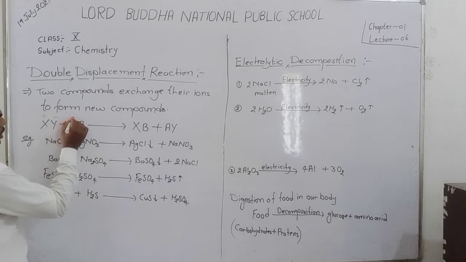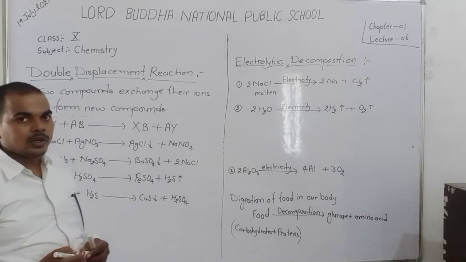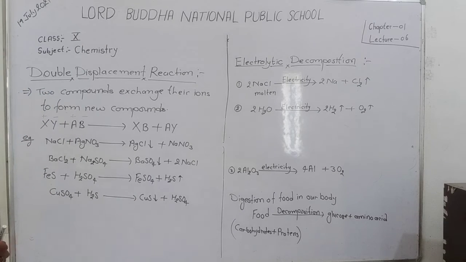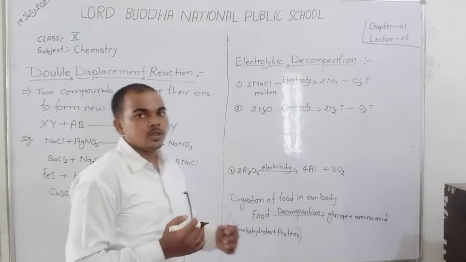Same, A has a positive charge, B has a negative charge. When the reaction takes place, the ions of XY and the ions of AB exchange with each other.